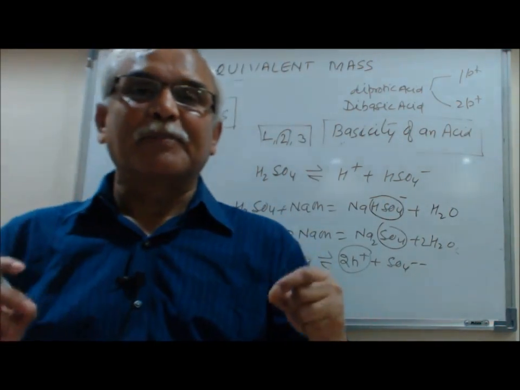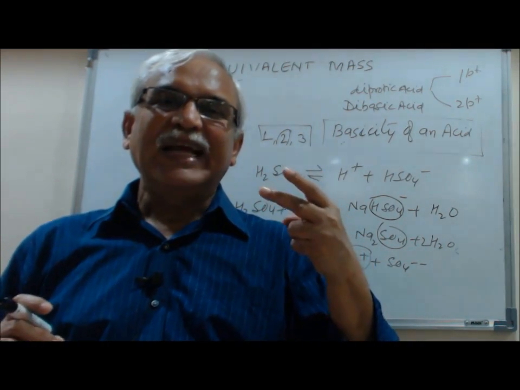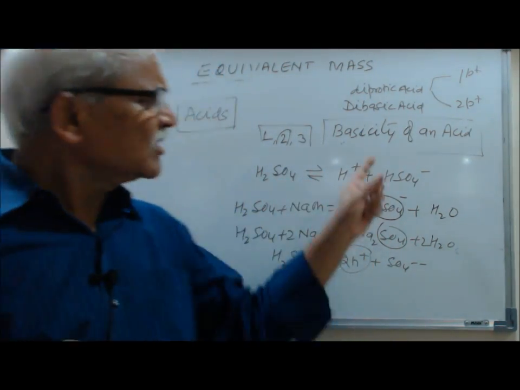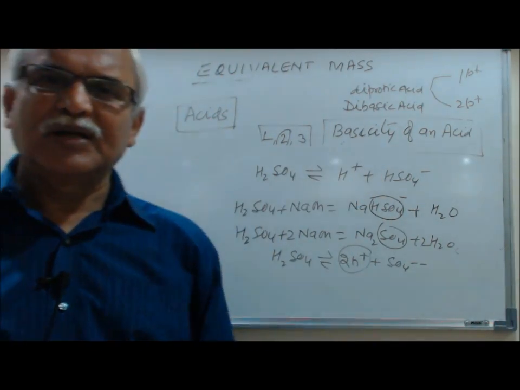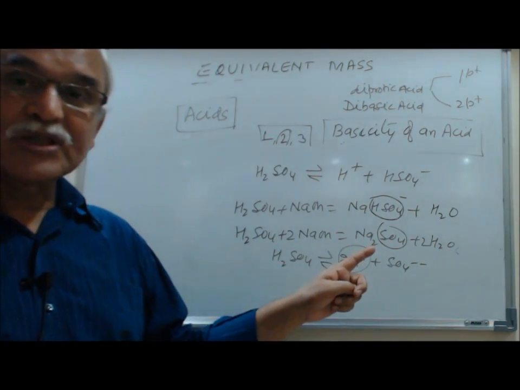Accordingly, its equivalent mass changes. Accordingly, it has 2 different values of equivalent mass. Basic concept is same. How many protons are coming out? Because in such cases, 1 proton can come out or both the protons can come out.